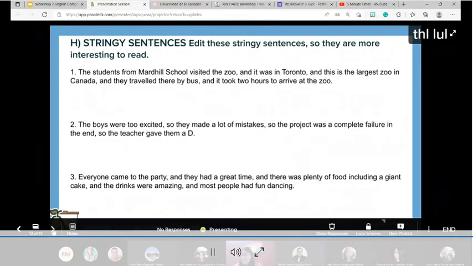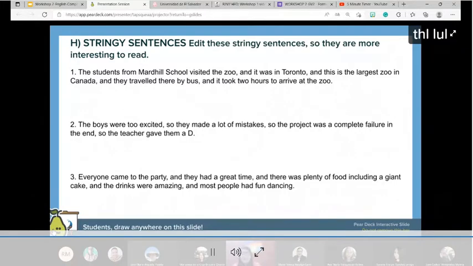And then we have stringy sentences. So here it's easy. The students from Marhill School visited the school, and it was in Toronto, and this is the largest zoo.